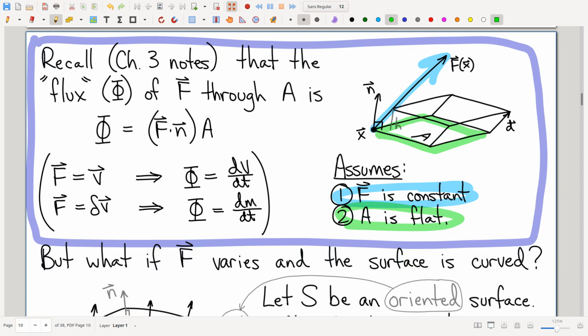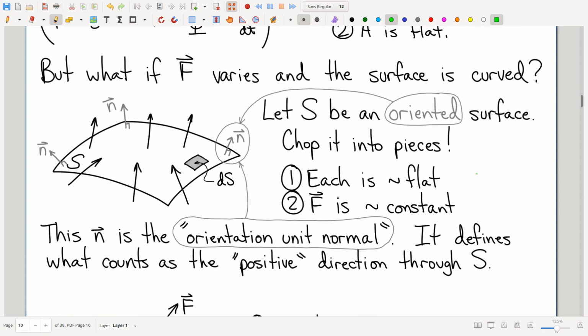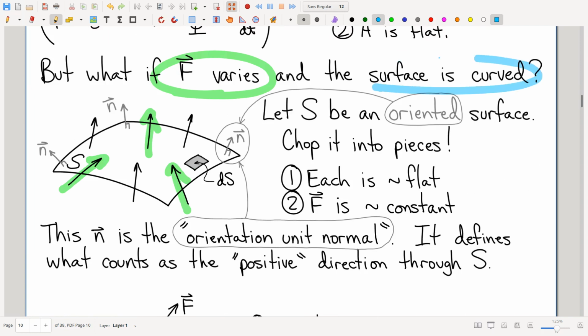How do we generalize this idea of flux to a more realistic, non-constant vector field scenario? Curved surface scenario. Again, that's how the real world tends to work. Now, how are we going to compute flux?